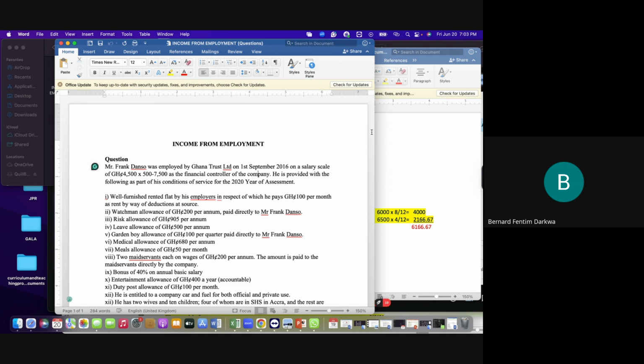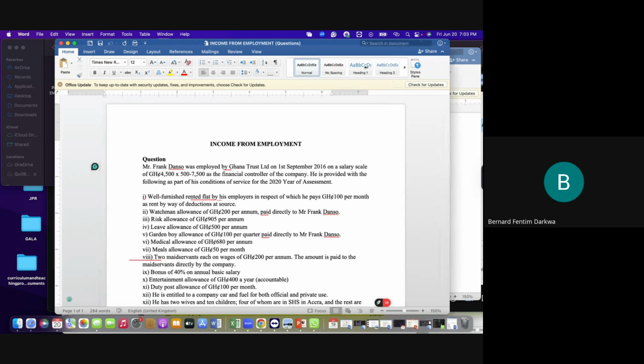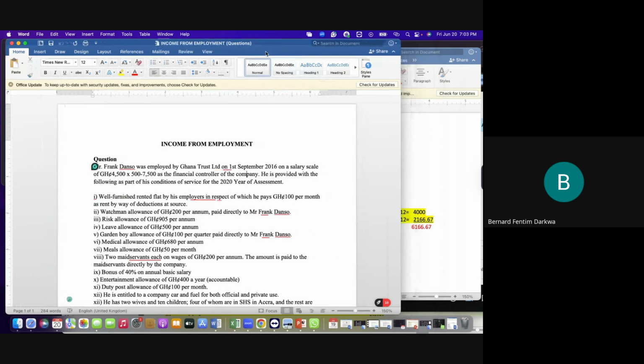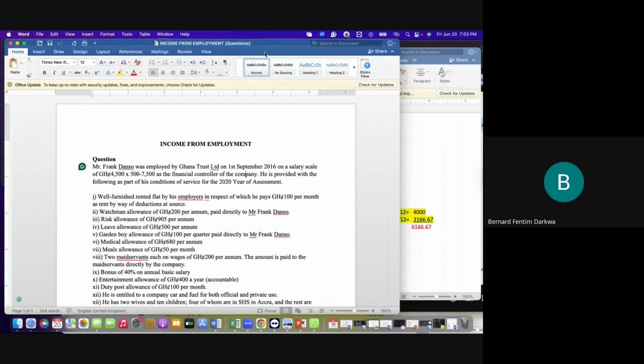Because if there is bonus in the question and you don't calculate the excess bonus, when you are listing your cash allowances you cannot add the excess bonus to it, and then you will be wrong. So let's do the working for bonus and see the excess bonus. Everybody calculate that for me.